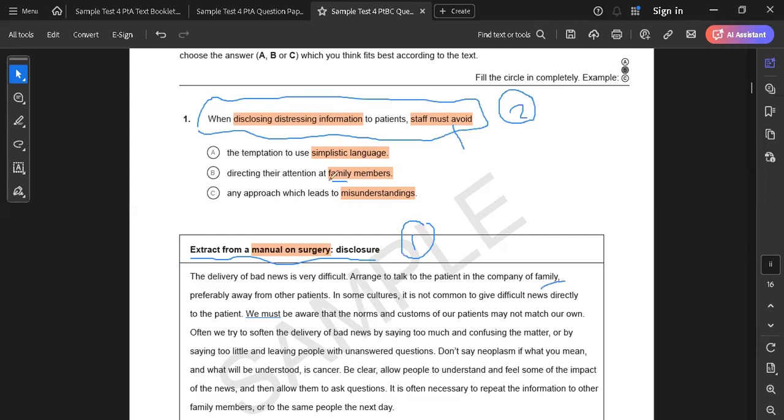So sometimes I don't even read the options, I just read the questions first. Anyway, you are reading the options and you will check what is the difference between the options. So the question is, what must staff avoid? That is your question. You understand the question first.